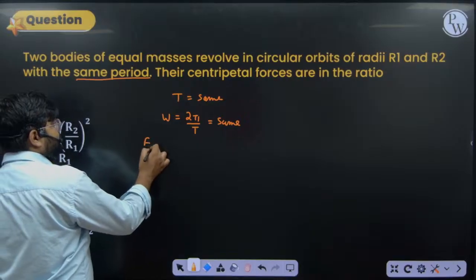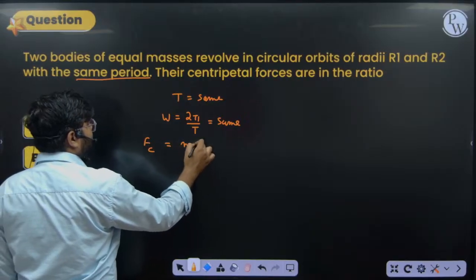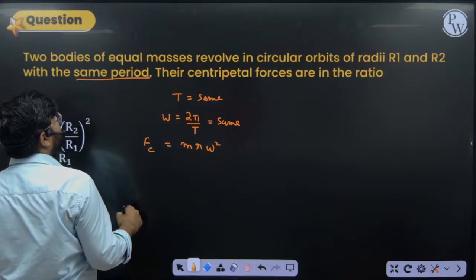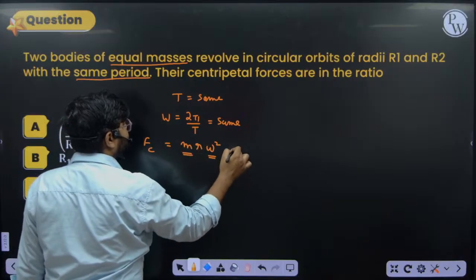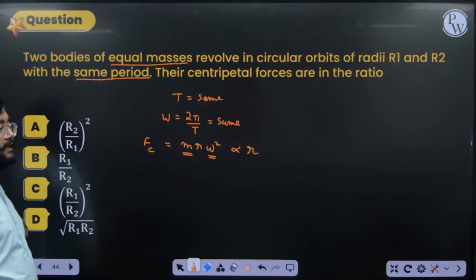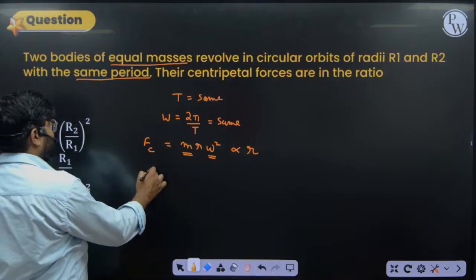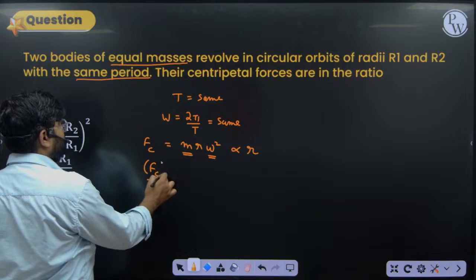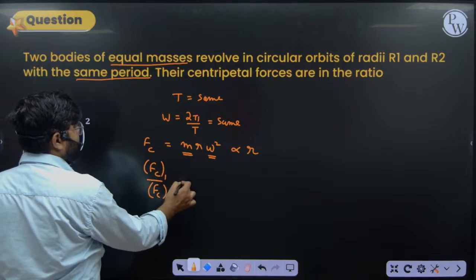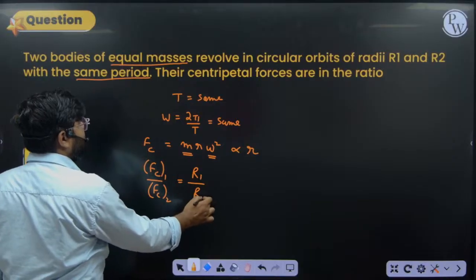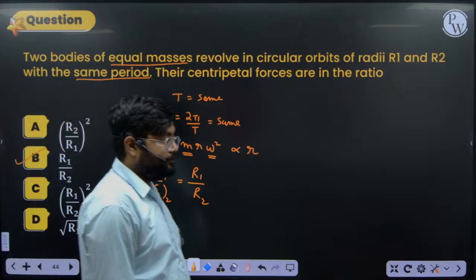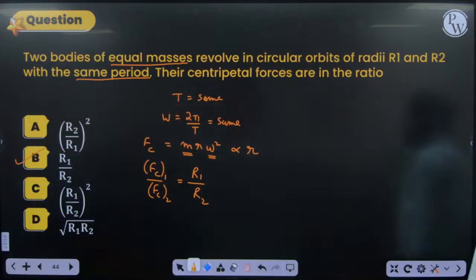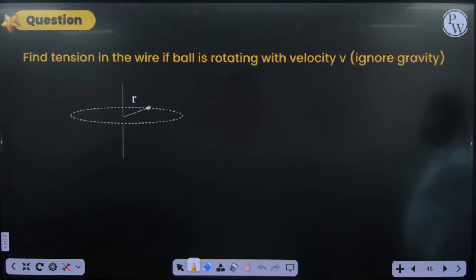Centripetal force is m r omega square. With equal masses and equal omega, centripetal force is only proportional to radius. So the ratio of the centripetal forces is equal to the ratio of the radii. So the correct option is option B. Simple question. Now let's see another question.